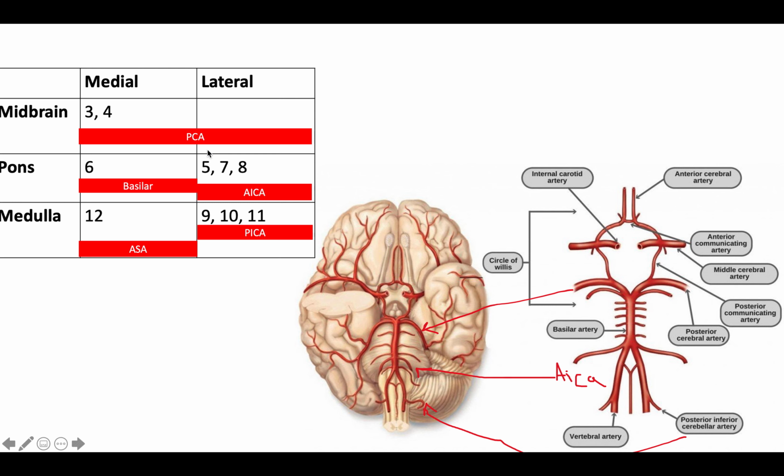And so I provided this picture here so you can help visualize everything that's going on. The midbrain lesion that you're going to be most concerned with is your posterior cerebral artery, which is pretty obvious when you see this picture, because here's your PCA, and it's right over the midbrain, which is just above the pons here.